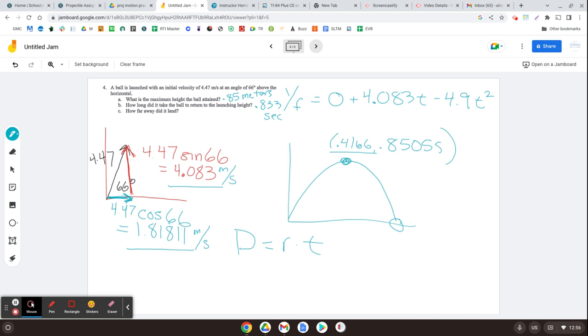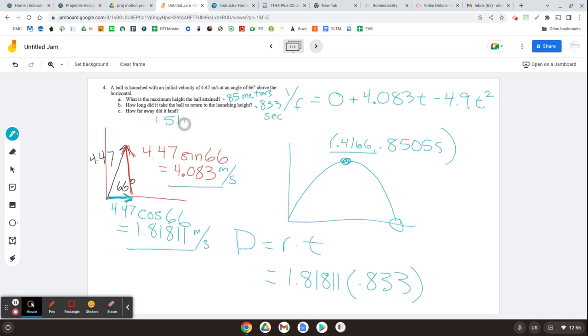And that's going to be our horizontal velocity, so 1.8 times the time, which was 0.833. And you get about 1.51 meters is how far it went.